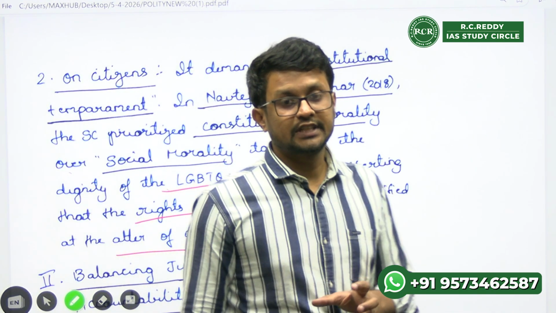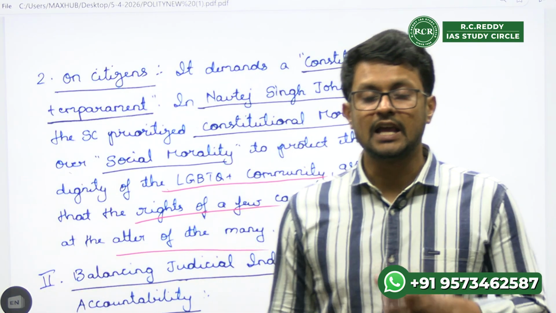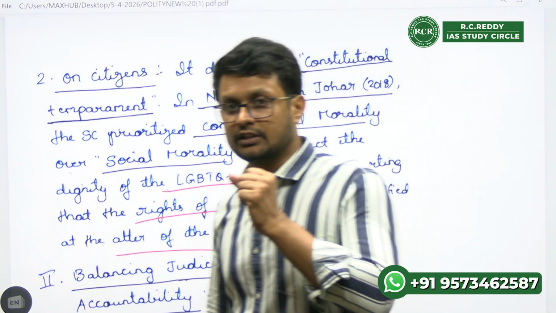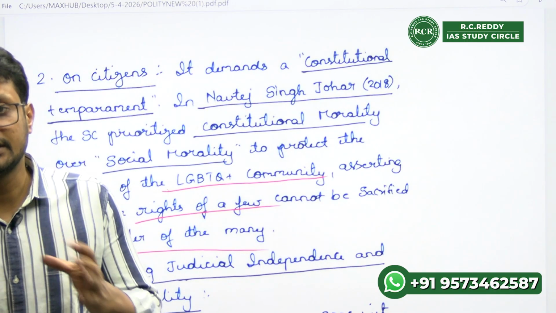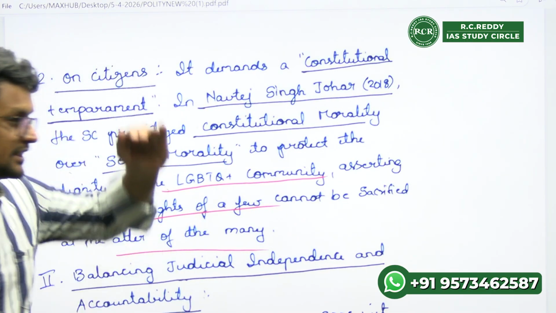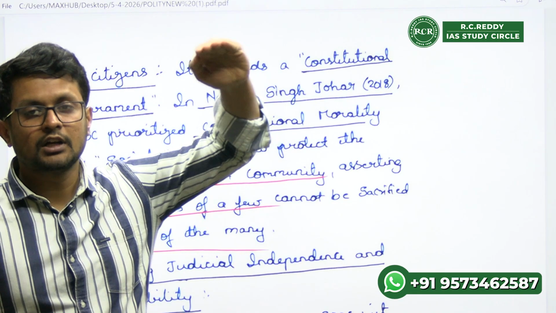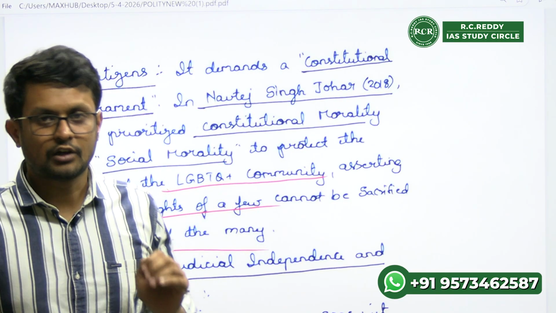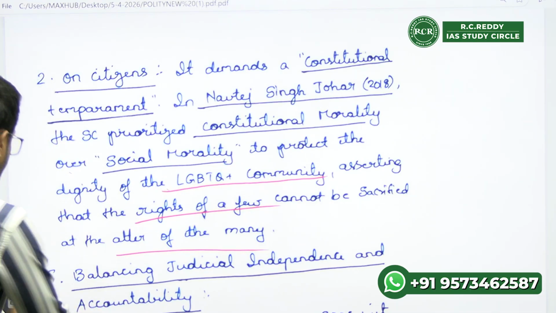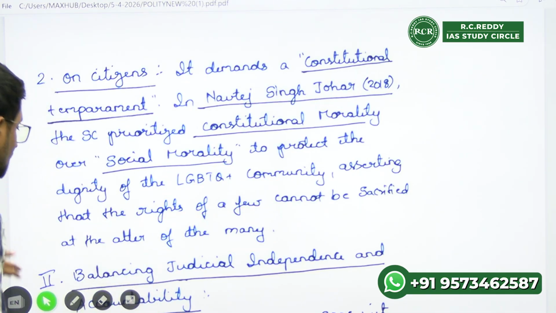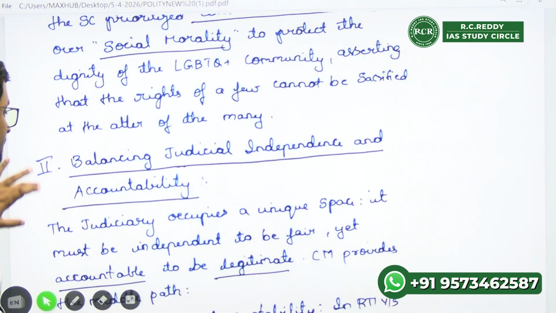Here it called for the constitutional temperament of people and said that social morality or the voice of the many cannot curb the rights of the few. So this is how we have given examples for constitutional morality in high functionaries and also for common citizens. Now we will see how we can bring the application for judicial independence and accountability.